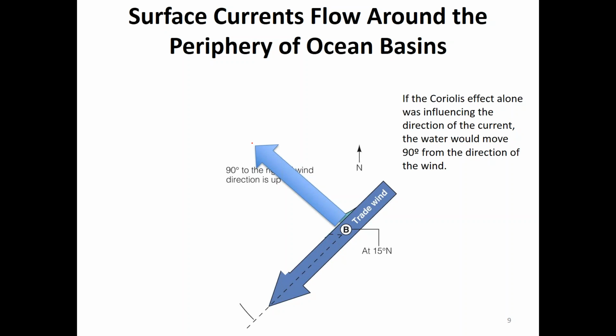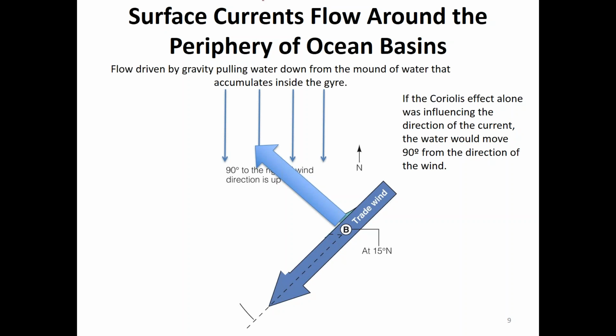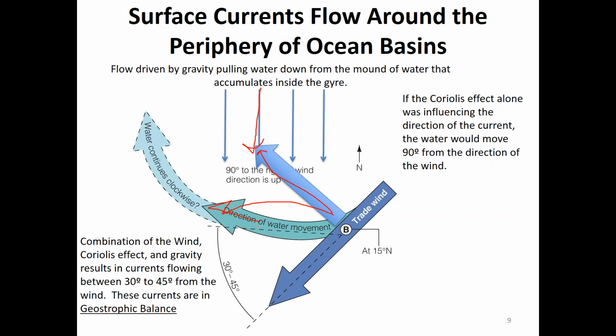Okay? But we know that this causes water to pile up here in the center of the gyre, and then water flows out away from that pile. Gravity pulls it out from that mound of water, and so you have flow coming this way. And this flow coming this way deflects the Ekman transport so that it goes in that direction.